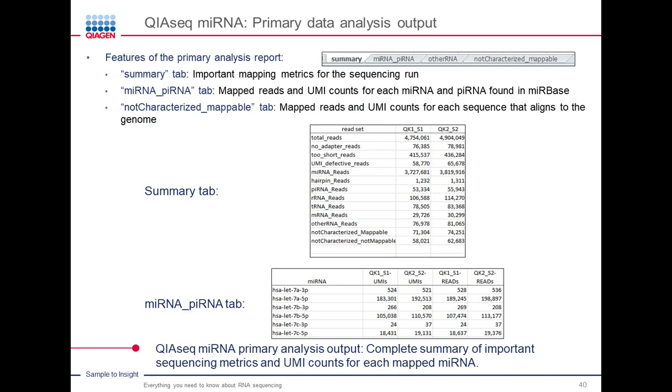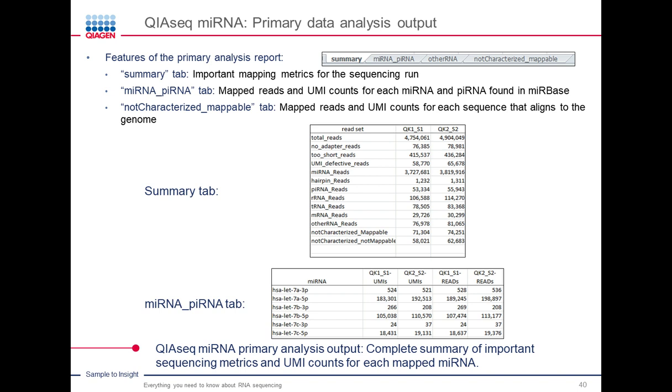And what you receive is a variety of outputs of your data. You have a summary tab that gives you important mapping metrics for the sequencing run. You have a microRNA piRNA tab, which basically gives you the entire list of microRNAs that were found, as well as their UMI counts, as well as their read counts. In addition, we do this for other RNAs and not characterized mappable.